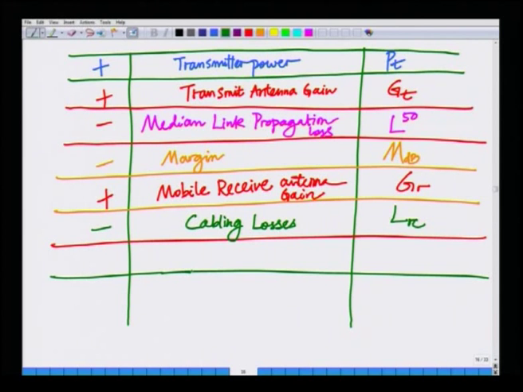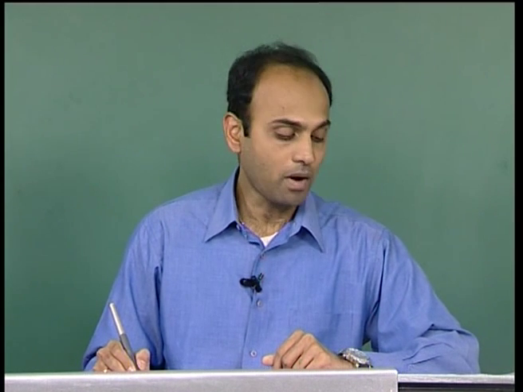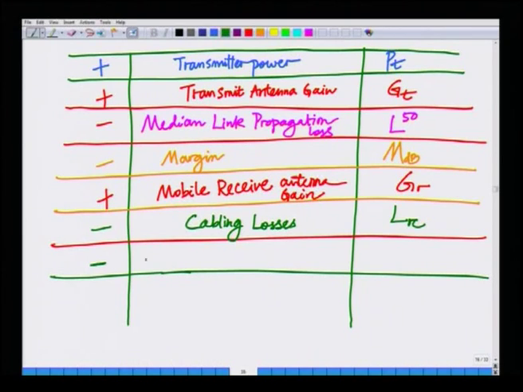Further to this I am going to subtract receiver noise power and also interference. Remember, there is a noise power at the receiver arising due to thermal noise.